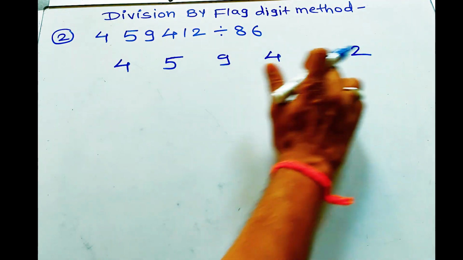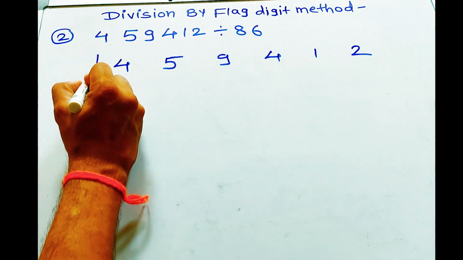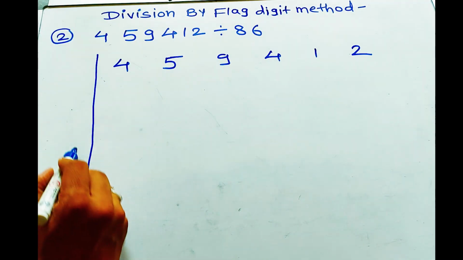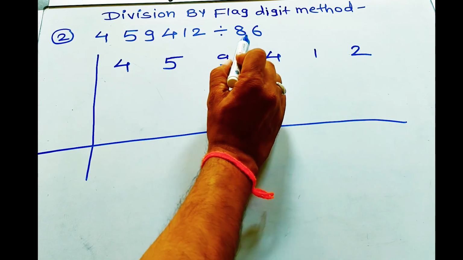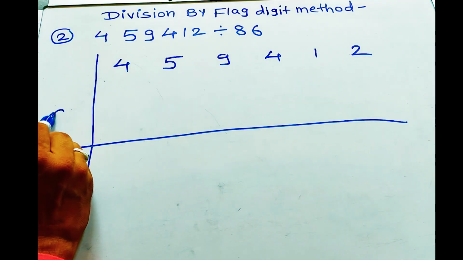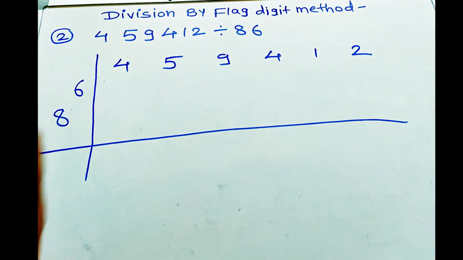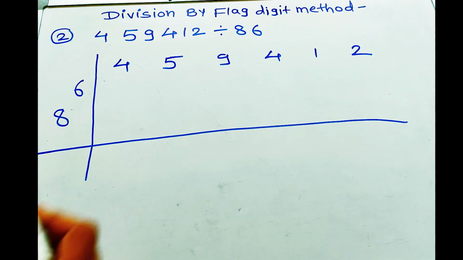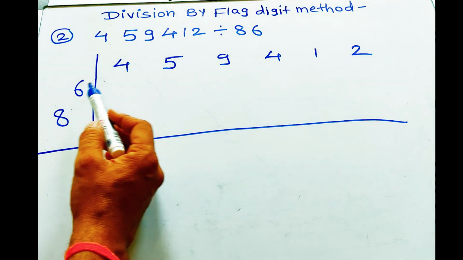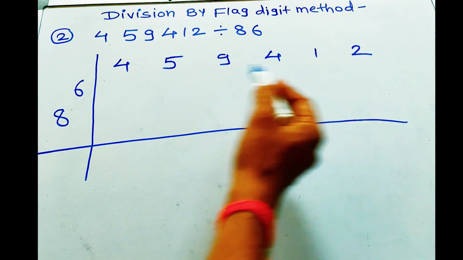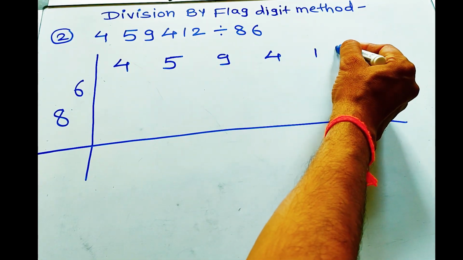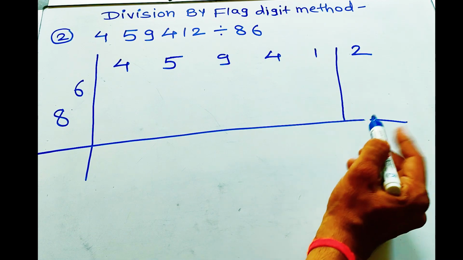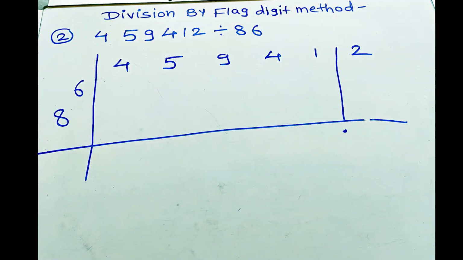Then draw a vertical line, after that one horizontal line. The divisor 86 we write in this way. Again in the flag digit there is a single digit, 6. So in the dividend, after one digit we draw a vertical line which stands for the decimal.